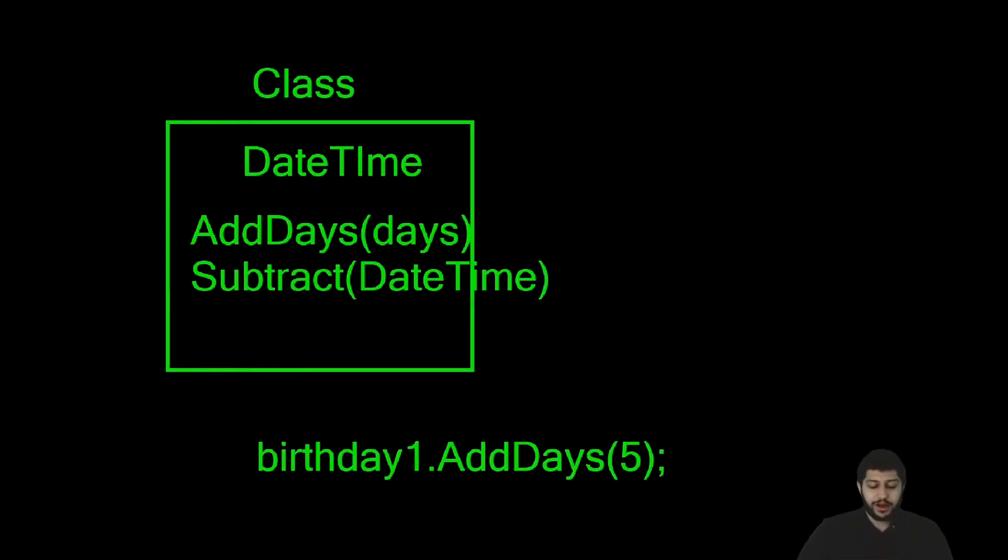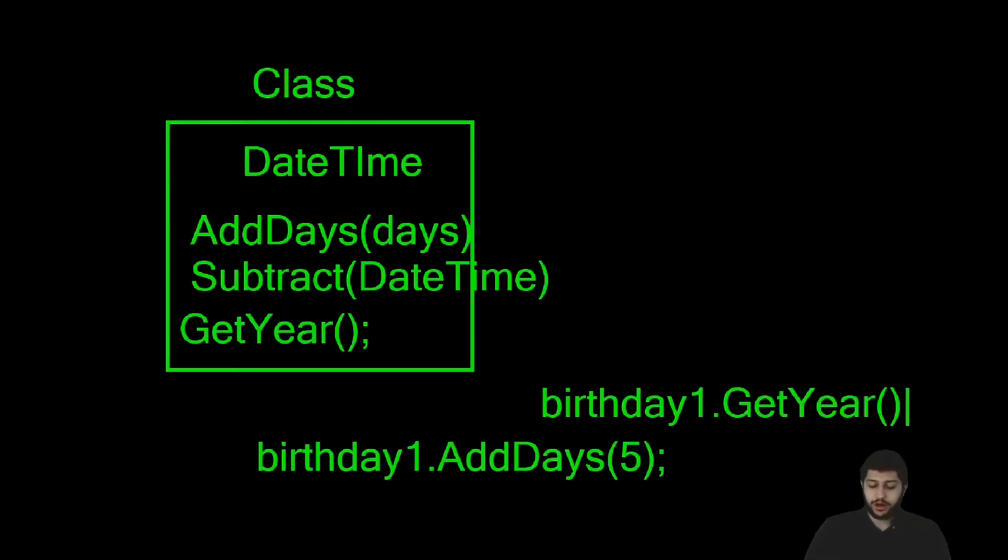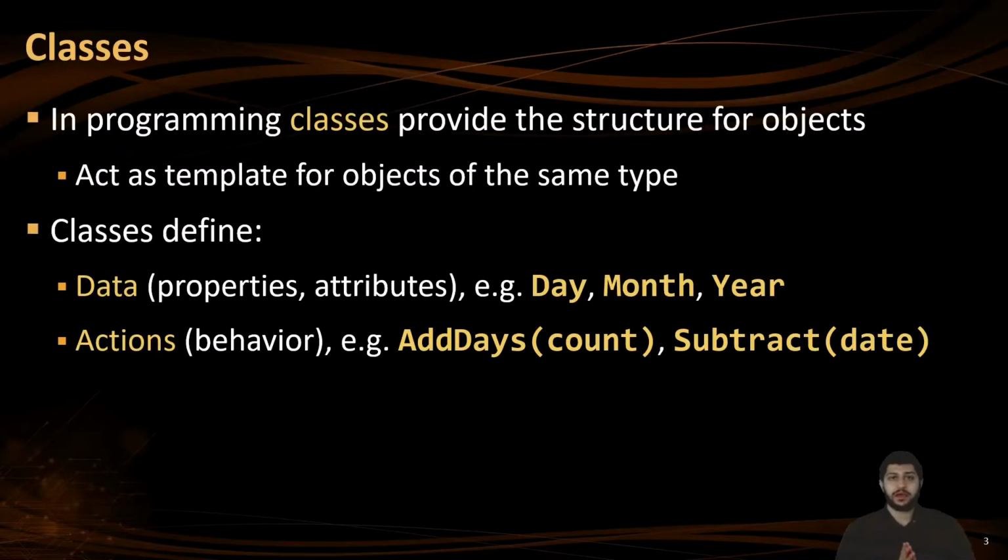And if we define other arbitrary behavior, such as, let's say, get days or get year, we can say, okay, birthday 1, I need your year. Give me your year. Or create a duplicate or something like that. It doesn't really matter. So classes are just templates that define some specific behavior or data that a certain object needs to have.